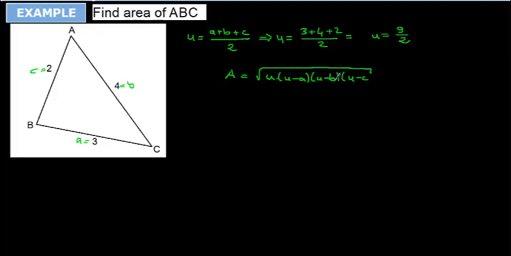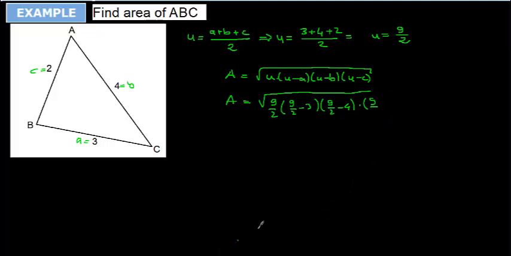Okay, then the area is equal to the square root of 9 over 2 times 9 over 2 minus 3, 9 over 2 minus b which is 4, and times 9 over 2 minus, I need to clean this part.